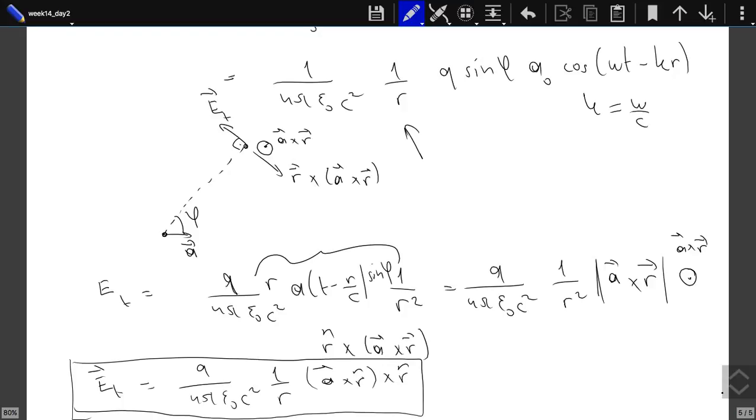Okay, this is just the vectorial form of the same expression. Whatever the acceleration of your object is, of course, just keep in mind that this is the acceleration at an earlier time. This is the general form of the radiation field. So this is how you can create electromagnetic waves. Just accelerate the object.